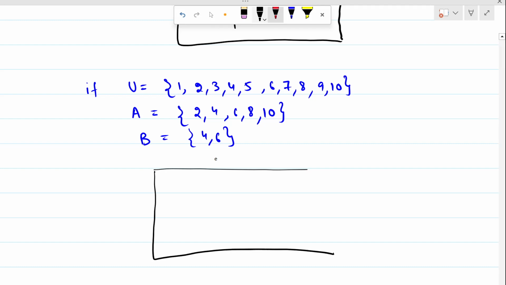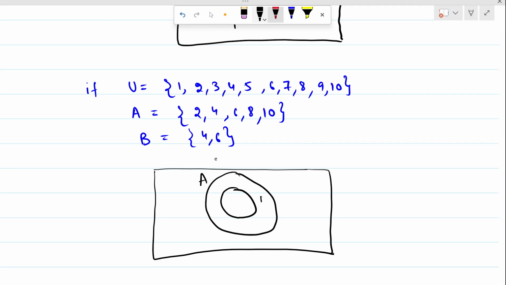We have set A, and B will be inside A because B is a subset of A. So set B contains 4 and 6, and A contains 2, 4, 6, 8, 10, and 1, 3, 5, 7, 9. So this is how it will look.